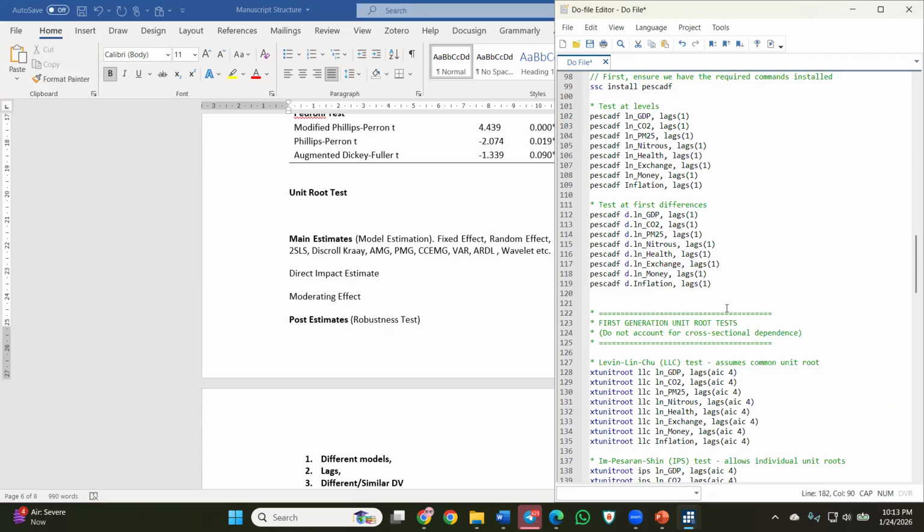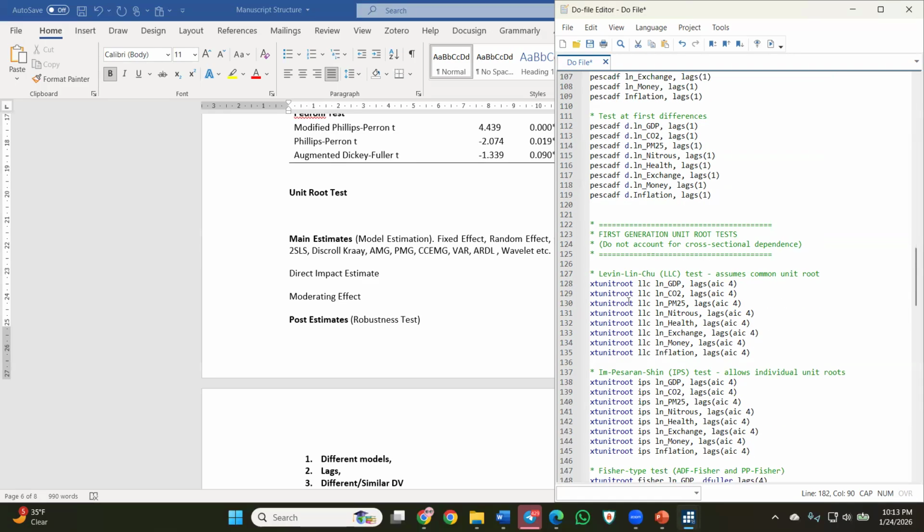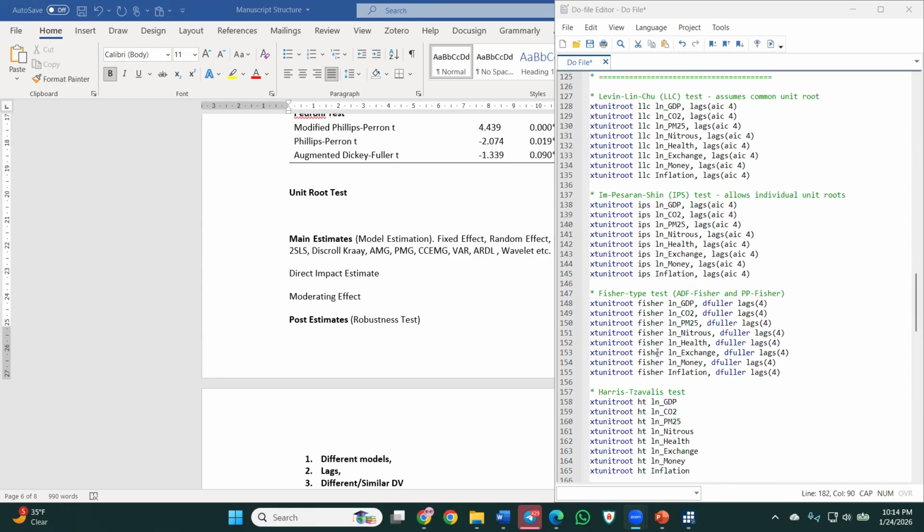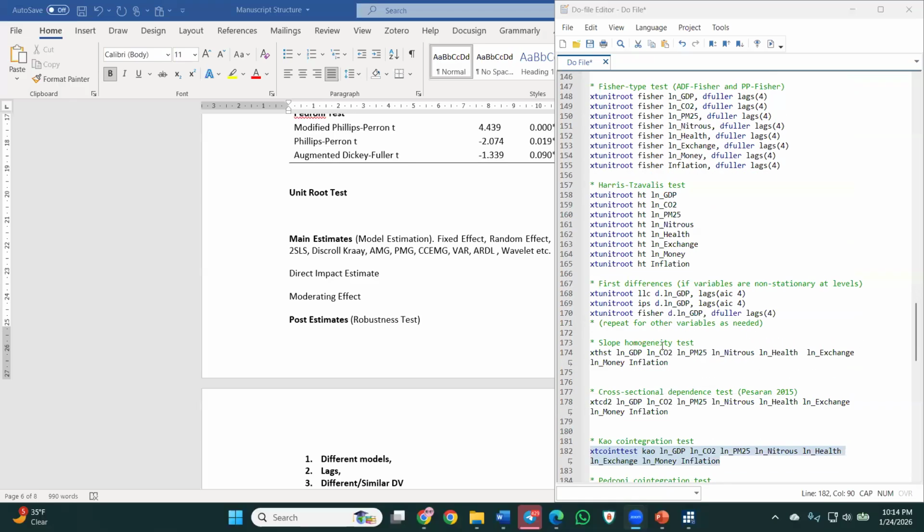So what you can do is run your cross-sectional dependency test first. If you run your cross-sectional dependency test and you find that there is a cross-sectional dependency present in your data, then you use the second generation.